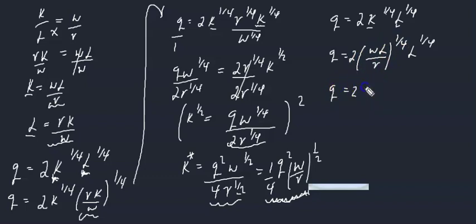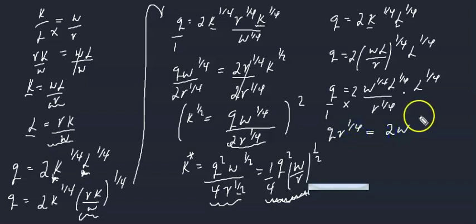We will have W 1 over 4, L 1 over 4 over R 1 over 4 multiplied by L 1 over 4 like that. So this we can cross and multiply so that we have Q R 1 over 4 is equal to 2 W. Then this L and that L are common, so we can add the powers and we will have L raised to power half.